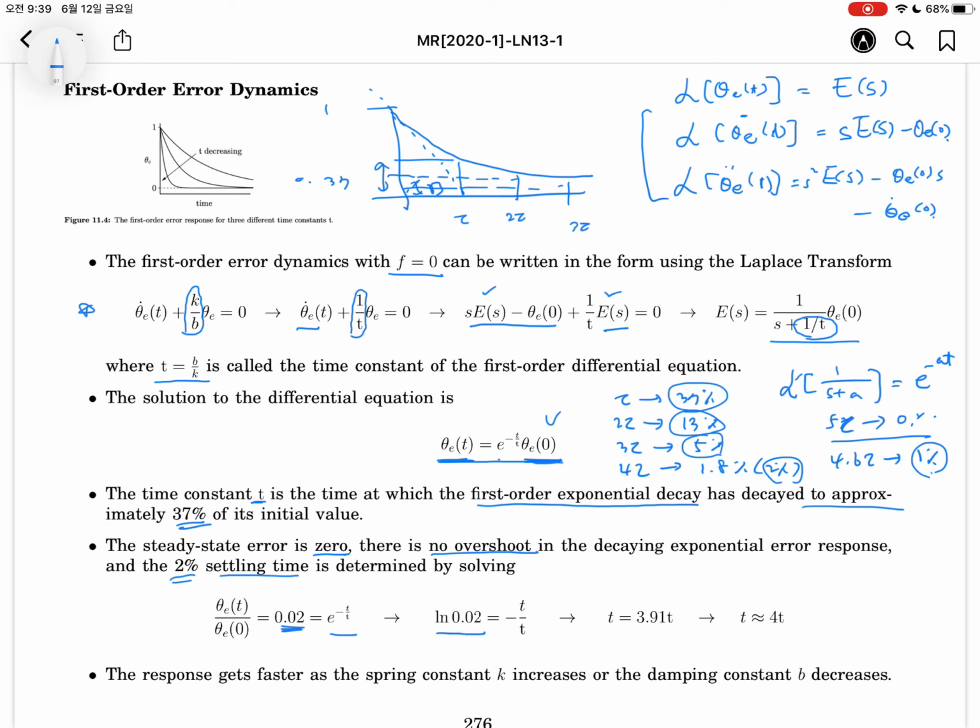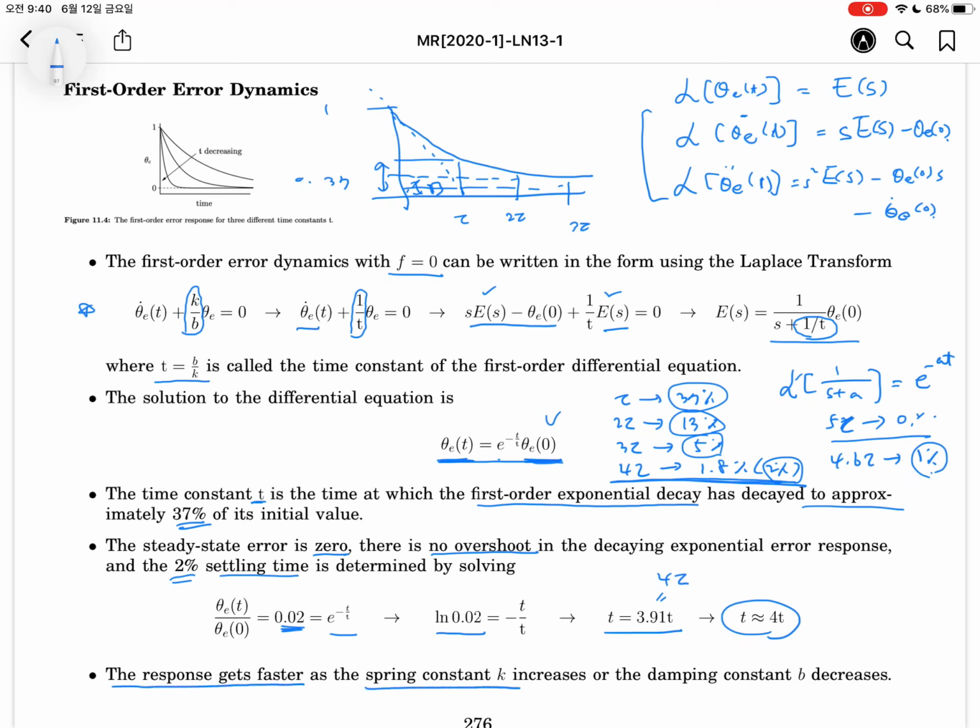Then ln 0.02 equals minus t over tau. So t will be equal to 3.91 tau. So it is very similar. It will be assigned to 4 times tau. So in here we will use 4 times tau as corresponding to 2% error.